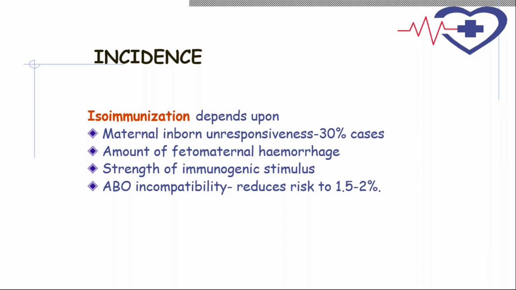They will not be available. They cannot generate that immune response in the mother, that sensitization. They are not available in the circulation of the mother long enough to sensitize the mother to the RhD antigen. That is the reason that if there is coexisting ABO incompatibility with Rh incompatibility, then sensitization is minimized.